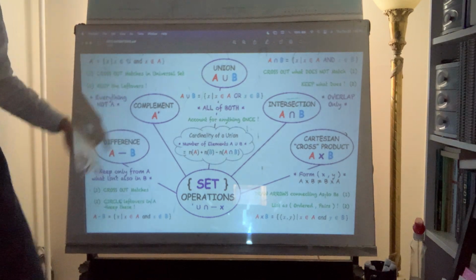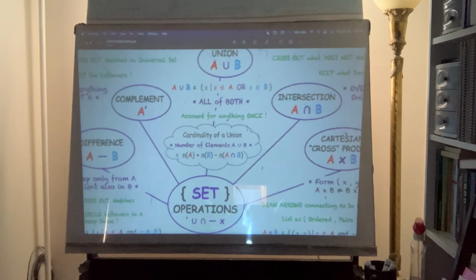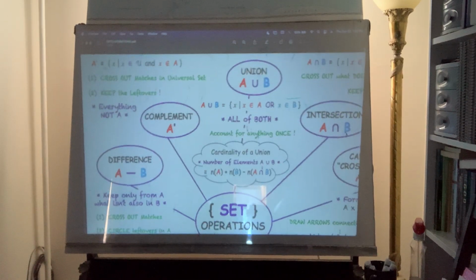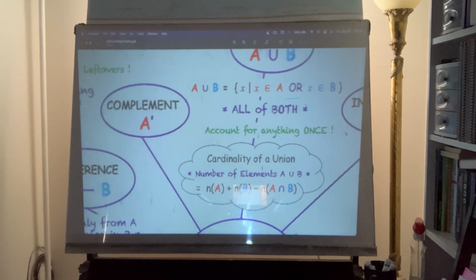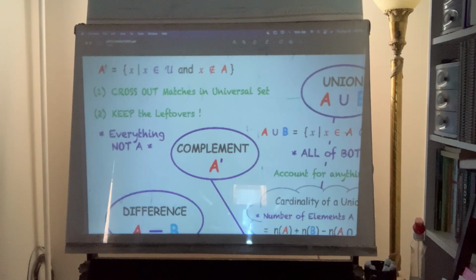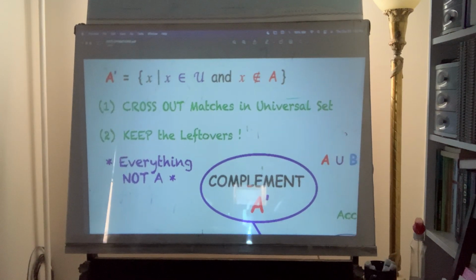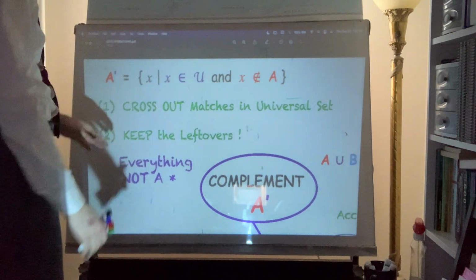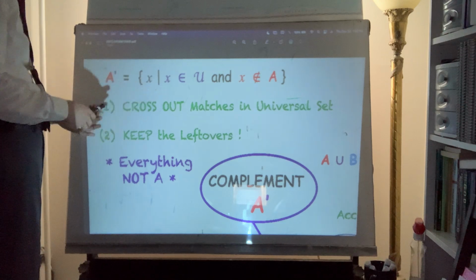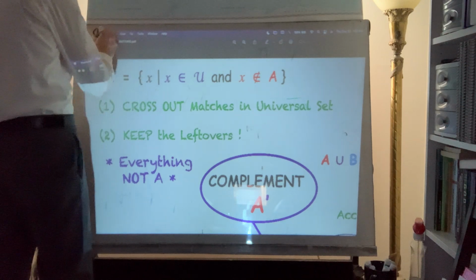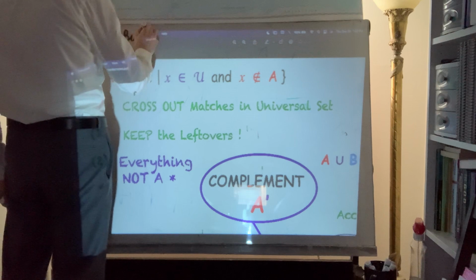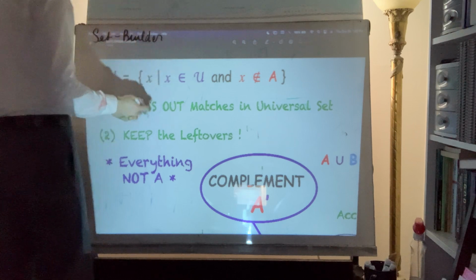What you see here in the complement corner is the set builder notation, the ultra fancy way of referring to this concept.